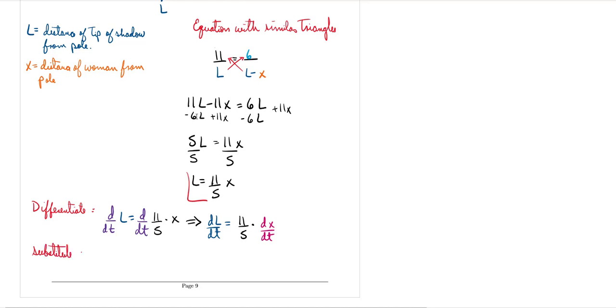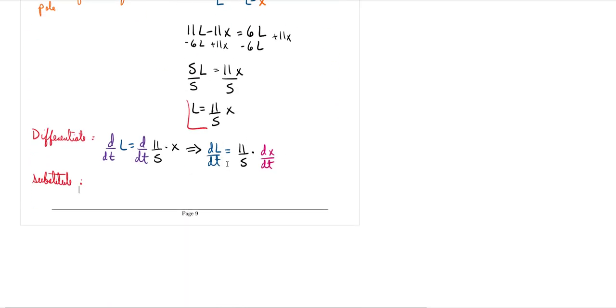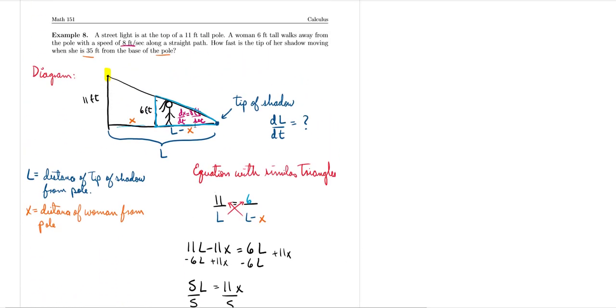But notice for this one though, even though we were looking specifically at how fast the tip of the shadow was moving when she was 35 feet away from the base, if you take a look at your equation, your dl dt, it doesn't even take into account the x. All it cares about is the rate at which the woman was moving, which was 8.